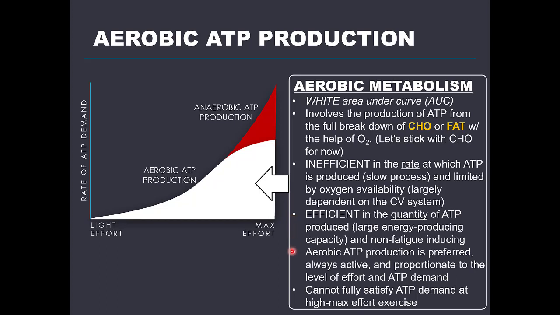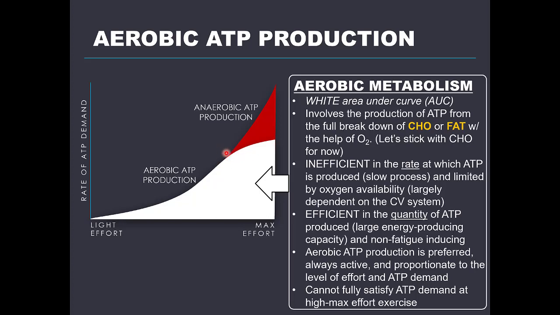Lastly, I must reiterate that aerobic ATP production is preferred, always active, and proportionate to the level of intensity or effort and ATP demand. Only at certain higher intensities, the aerobic system cannot meet the full ATP demand due to insufficient oxygen availability. Again, this is called the anaerobic threshold.